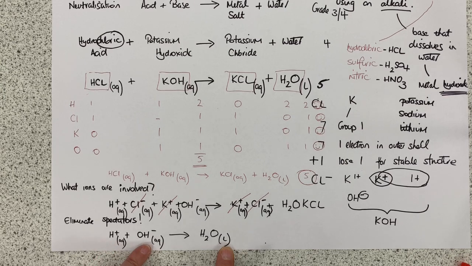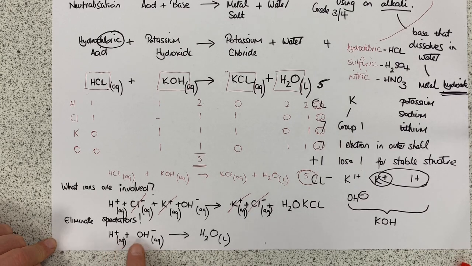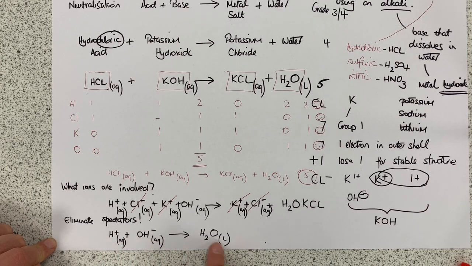H+ plus OH- leads to H2O. Here's the thing. If you can remember that bit, and you're really lucky, and the exam question comes up and says, what is the half equation for the neutralization of an acid using an alkali? The answer is going to be H+, aqueous, plus OH- aqueous, leads to H2O liquid.